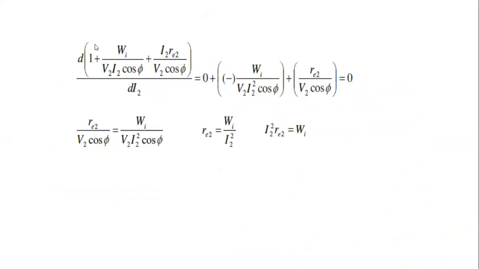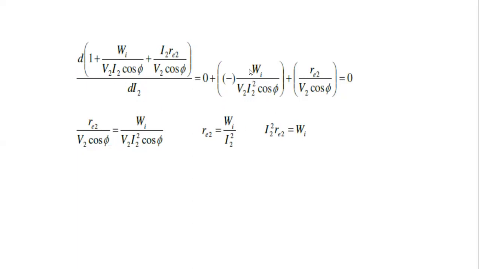And then we obtain, what is the differentiation for that one? That is 0. And what is the differentiation for 1 by I2? That is minus 1 by I2 square. What is the differentiation for 1 by x? Minus 1 by x square. Like that, the differentiation for 1 by I2 is minus 1 by I2 square.